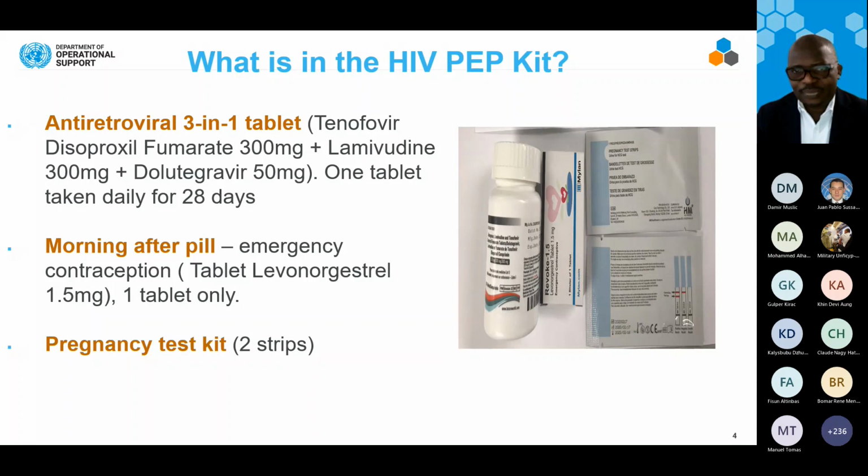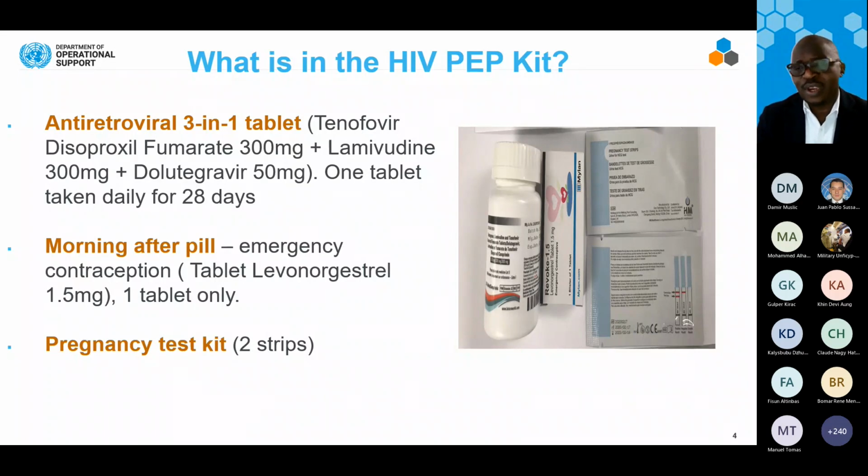What I mean is this: normally you would have three tablets that the individual should take daily, but this one is a fixed dose combination of three active ingredients. So instead of taking three different medications, anybody who is exposed and using the UN provided kit will be taking just one tablet that contains these three active ingredients together, one tablet per day for 28 days.